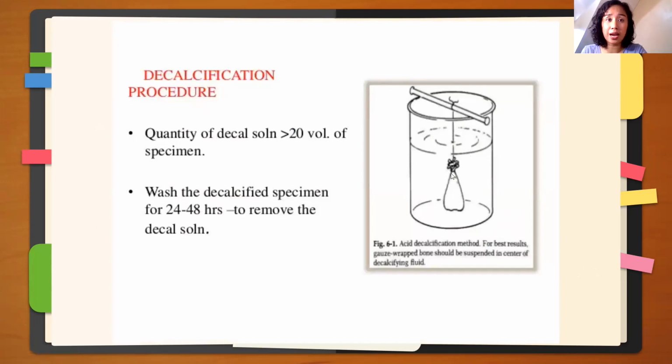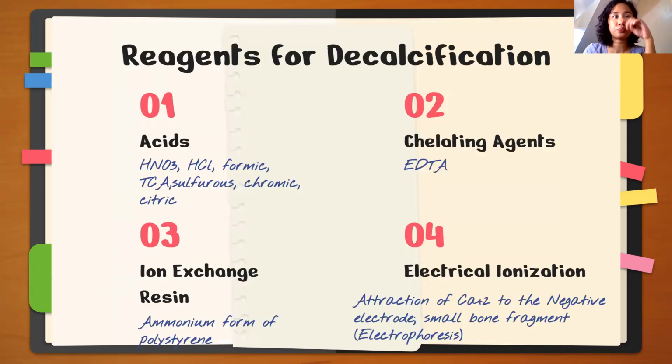Every surface must have a chance to be exposed to our decalcifying agent. So it's better suspended than lying at the bottom of the beaker or container. 24 to 48 hours is the routine.